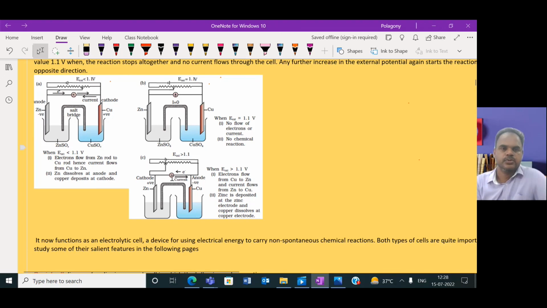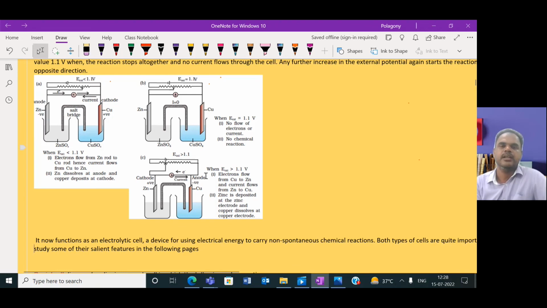In the third case, what happens? An external battery is applied, so the external voltage exceeds 1.1 V. The current flows from zinc to copper, zinc is deposited on the zinc electrode, and copper dissolves in the copper electrode. So the electron movement is reversed.